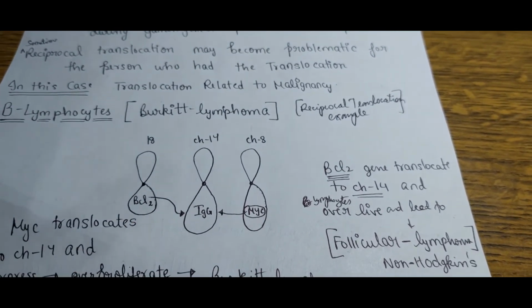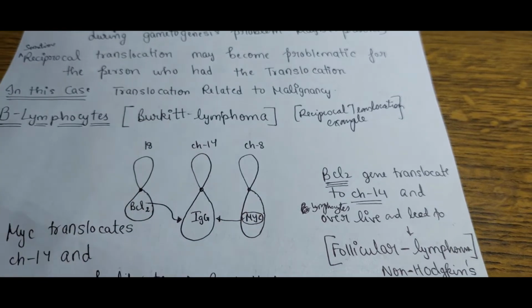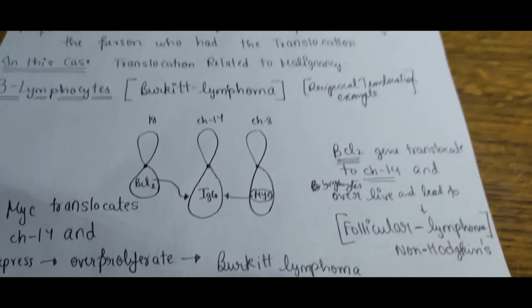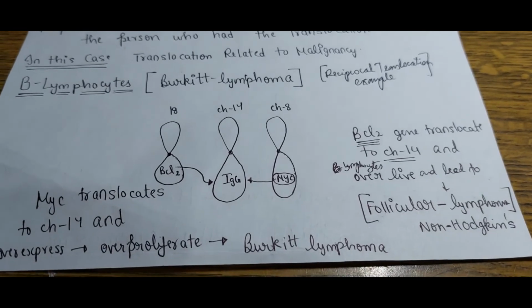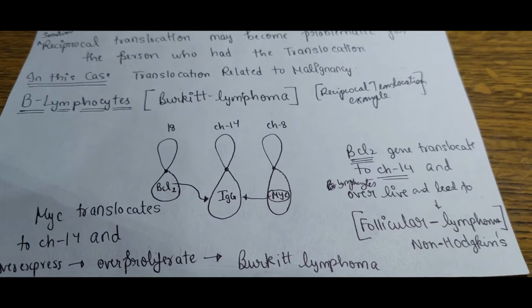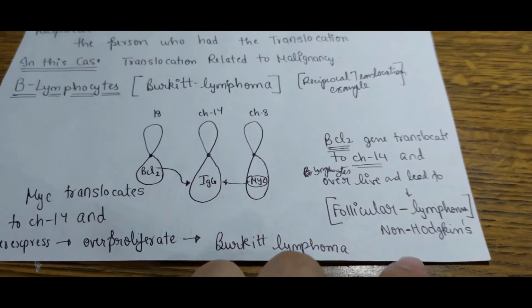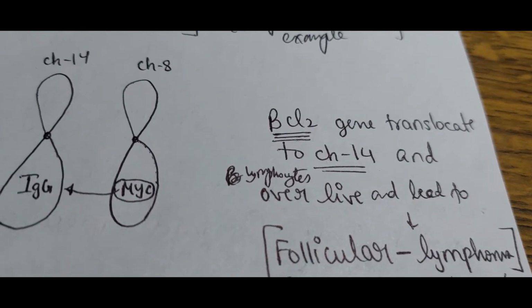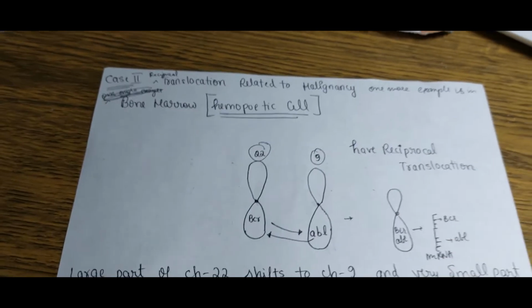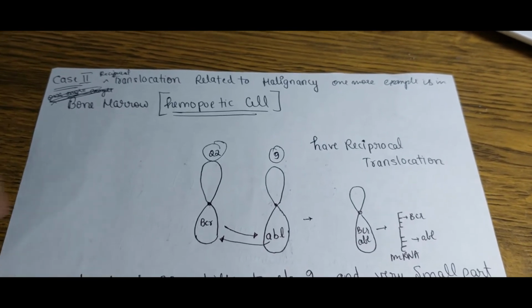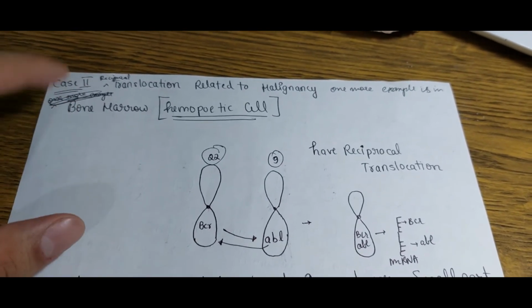BCL2 gene is responsible for lifespan, whereas MYC gene is responsible for proliferation. So when BCL2 is in the vicinity of IgG on chromosome 14 after reciprocal translocation, it will overexpress and cause the cell to live for a longer period, leading to follicular lymphoma.